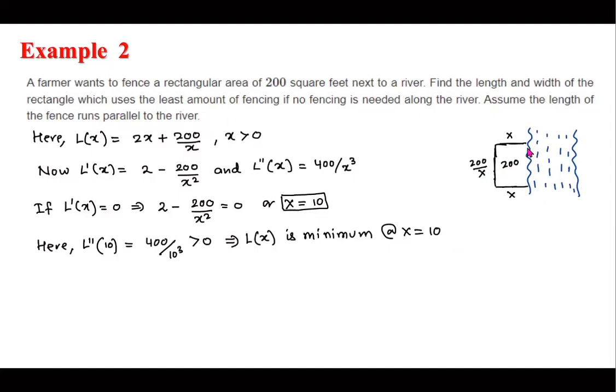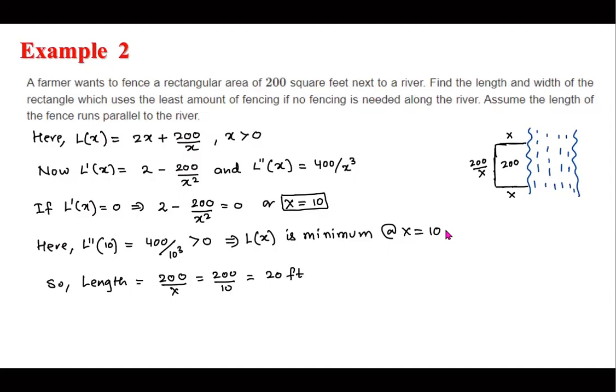So we know that this side is the length, because the question says, assume the length of the fence runs parallel to the river. River is here, so this is the length. So length is equal to 200 over x, or 200 over 10, which is equal to 20 feet.